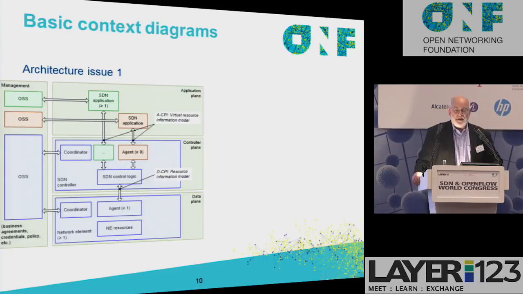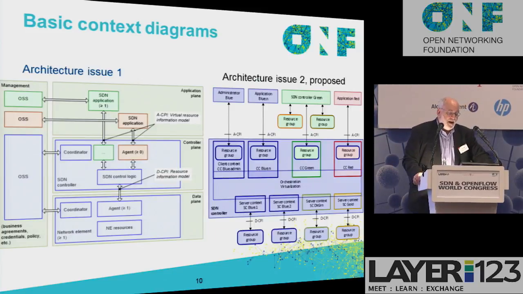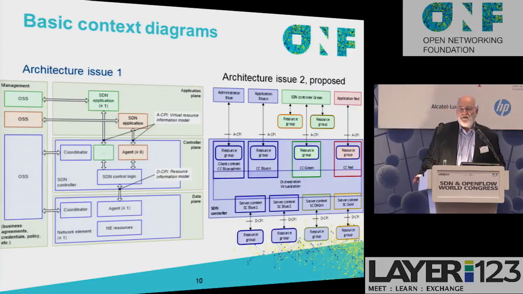So in terms of the technical changes that we're looking forward to, issue 1 was the architecture we've already spoken about. This right here may not actually be what we have. This is just one of the proposals that we're discussing right now. The major differences are, rather than looking at layers and recursion, we'll be spending a lot more time talking about the actual resources in the network and how multiple customers can be making use of the same resources simultaneously.